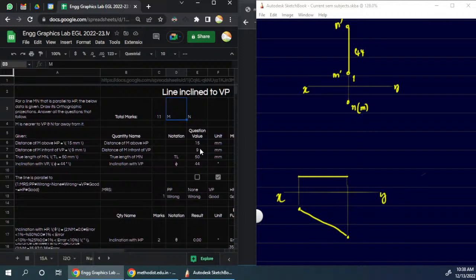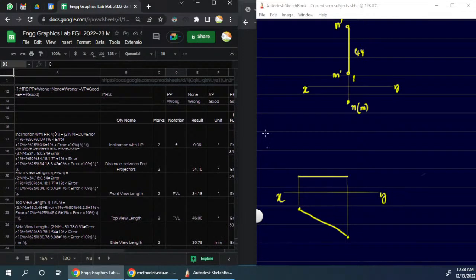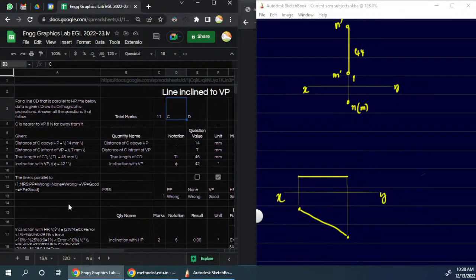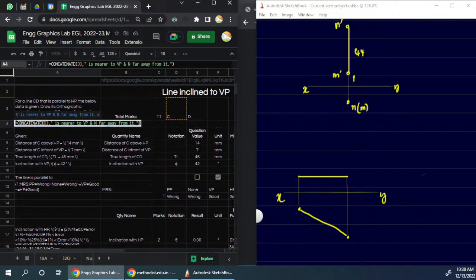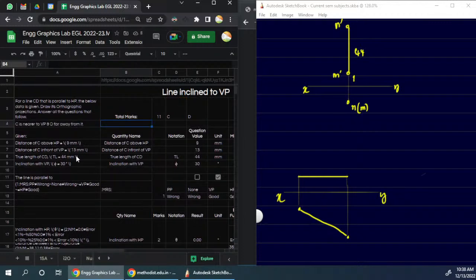Let's call it C and D. C is near N. Just C, D, C dash, D dash. This is what it's going to be.